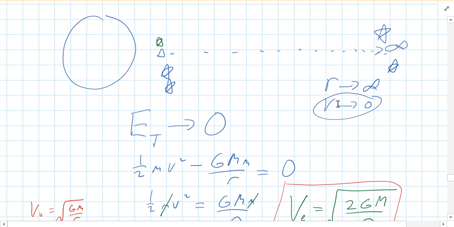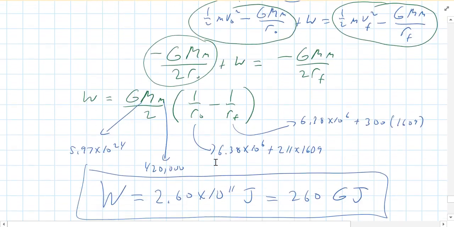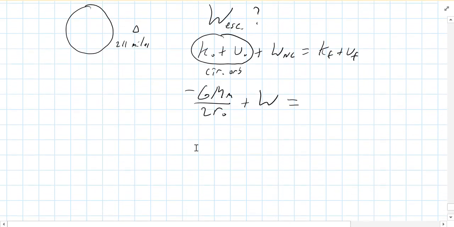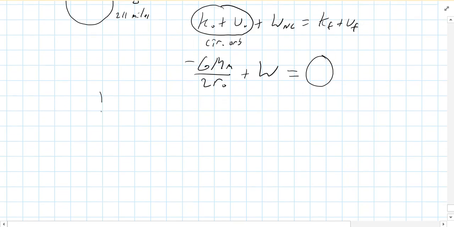And your potential energy, which is negative GMm over r, becomes zero as r approaches infinity. So your total energy should be zero. Of course, you can do more work than that, and then your total energy out here would not be zero; you'd have a velocity at infinity, but we want the minimum.